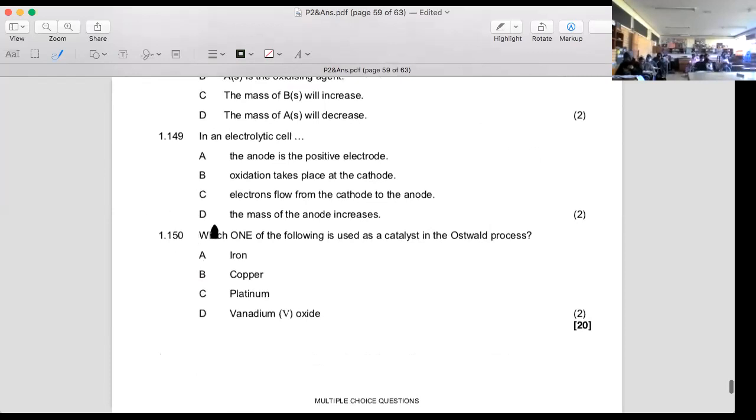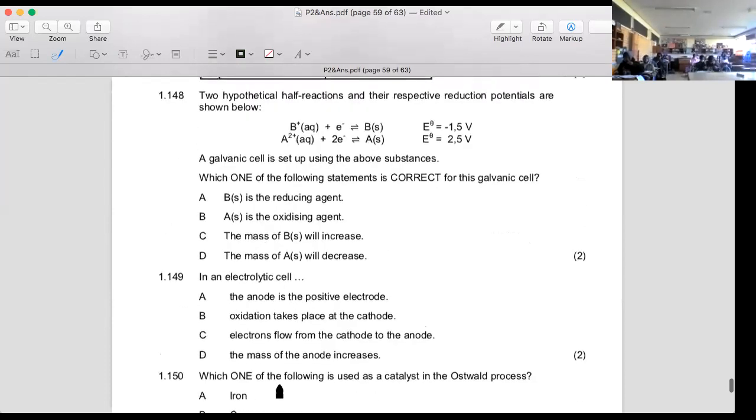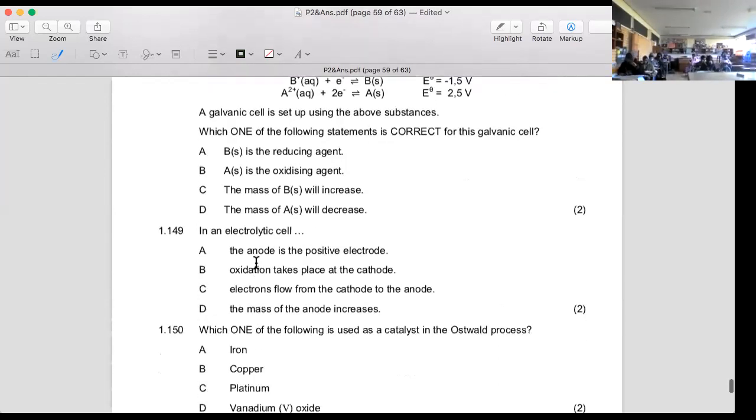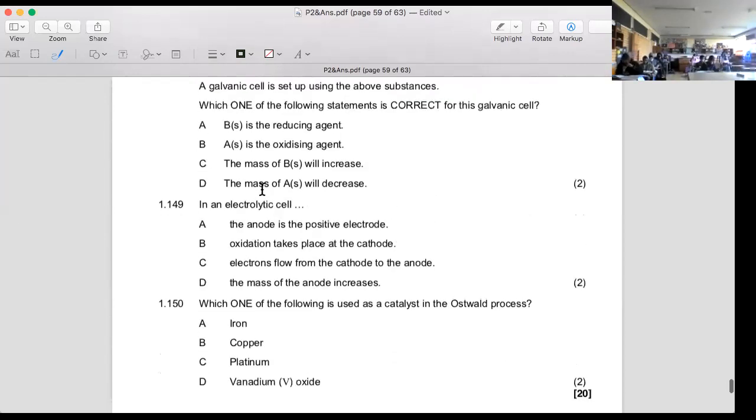And do 150, we did fertilizers as well. So which of these catalysts is used in the Ostwald process? So just work your way back and do the fertilizer questions, which we never got to, and then the electrolytic cell questions. Thanks. And if you've got a problem, come and ask. But I think it's time you guys did those.